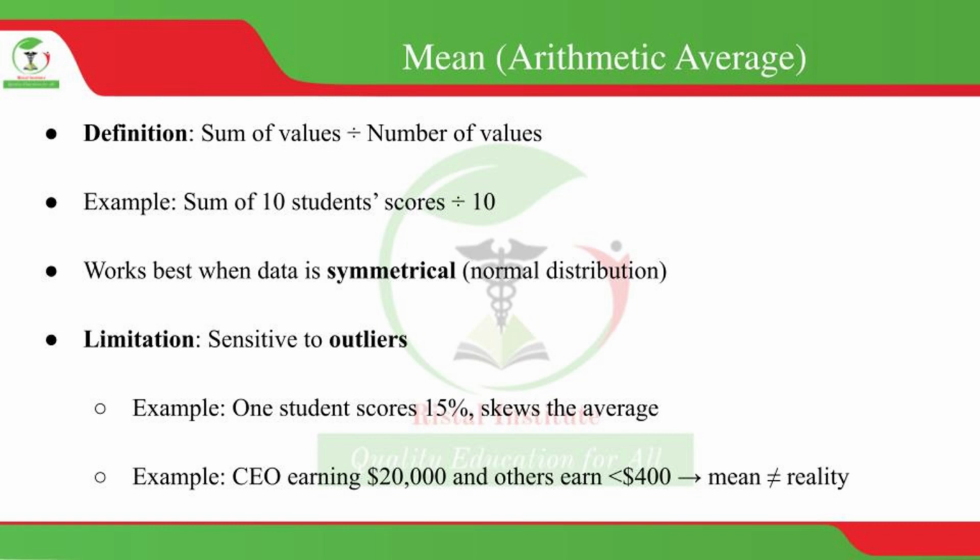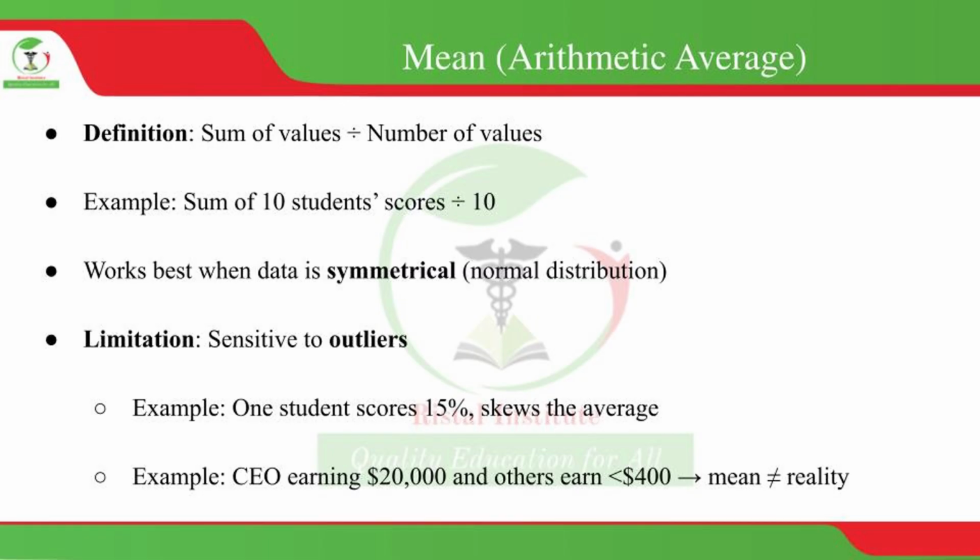The mean is what we often call the arithmetic mean or the average. The average can be looked at as the sum of all the values divided by the number of values.